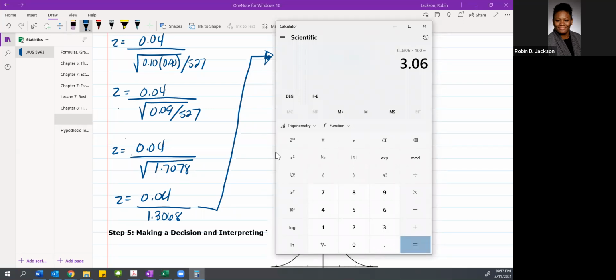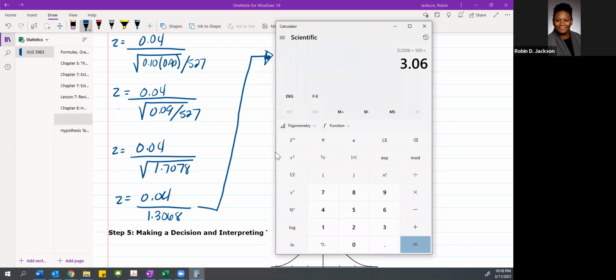So if any of you have already worked this problem in the back of the book and you saw the answer back there and you're like, how did they get that number? This is how. Once you do the calculation for the proportion, you turn it back into a percentage. But at the end of the day, it's a Z score. But to get it back to the original, the way the numbers were, you'd multiply by 100. It's weird the way it works out like that.